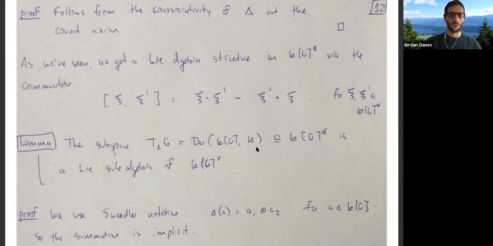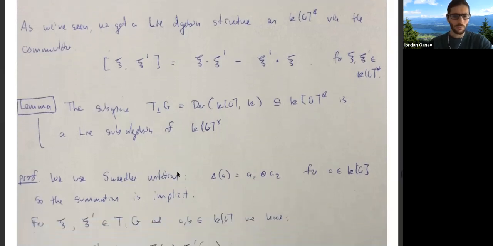So they're derivations from K[G] to a one-dimensional module. In particular, they're linear functionals on K[G], so they live inside this dual space. The claim is that this tangent space is actually a Lie subalgebra of this big dual space. This space is really big, but the tangent space is something finite dimensional living inside, and it turns out to be a Lie subalgebra.